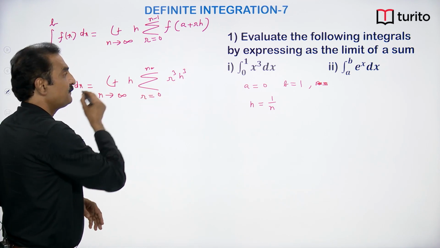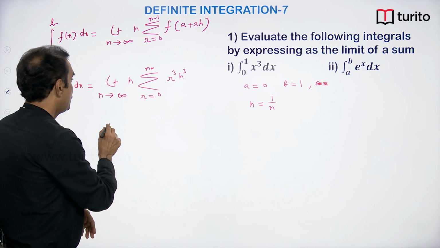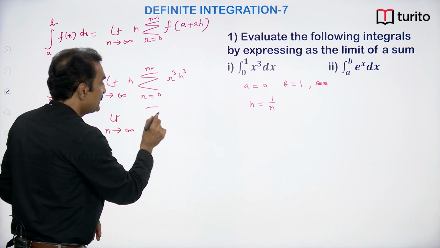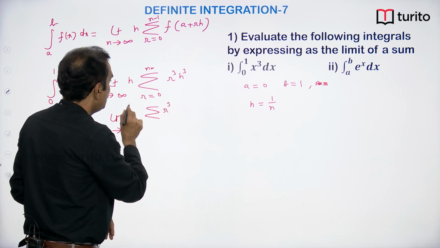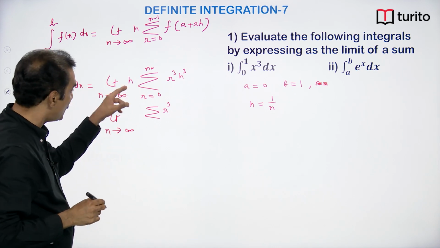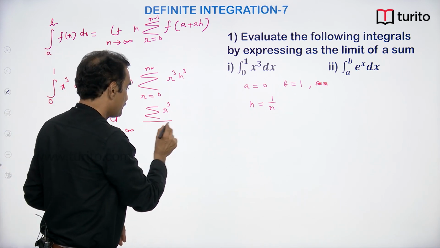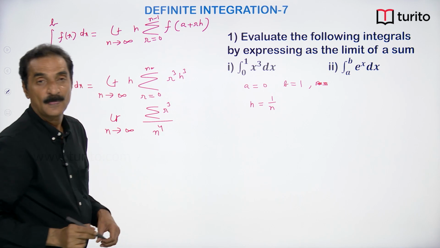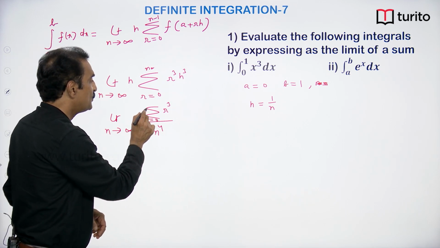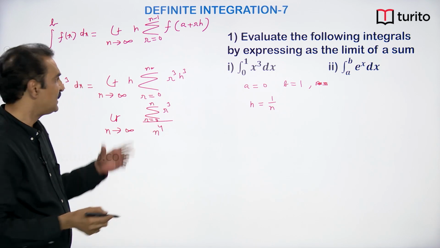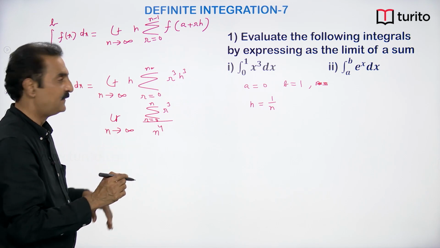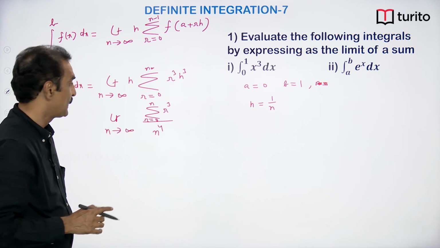Now take out h cube, limit n tends to infinity, sigma r cube into h power 4 can be written as 1 by n power 4 using this. And r varies from 0 to n, or 1 to n, or 0 to n minus 1, anything is okay, because it is a limiting value.